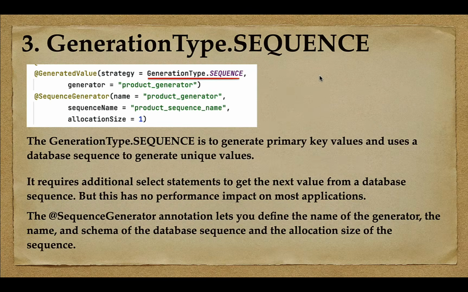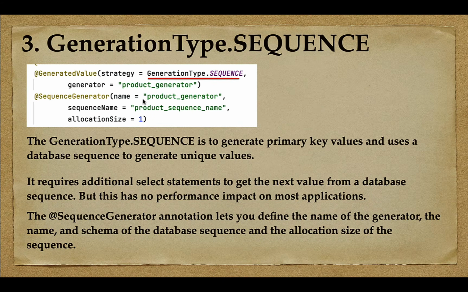Well, the next primary key generation strategy is sequence. Sequence is the most commonly used primary key generation strategy in large applications, and I suggest you use it if your application is huge.